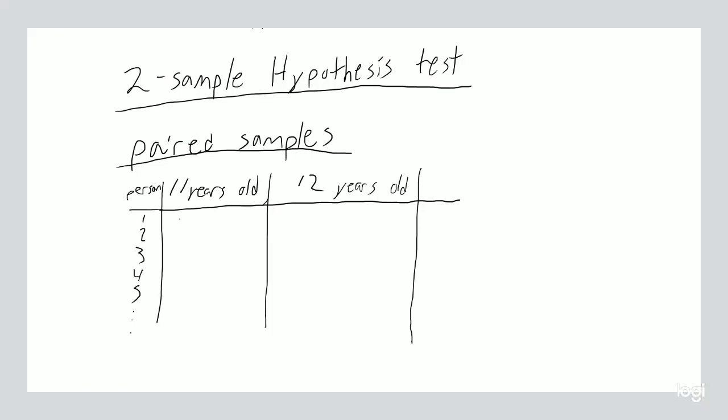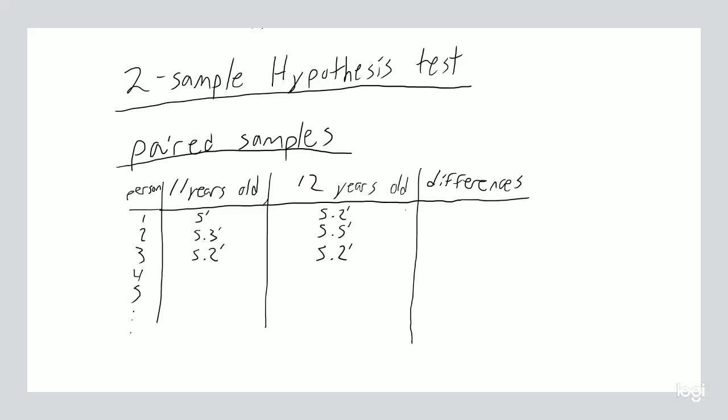Maybe one person started off as being 5 feet, and then later on they were 5.2 feet. The second person started off being 5.3 feet, and then they ended up being 5.5 feet. Maybe person 3 started off as being 5.2 feet, and they didn't grow at all. They're still 5.2 feet. And you look at the differences.